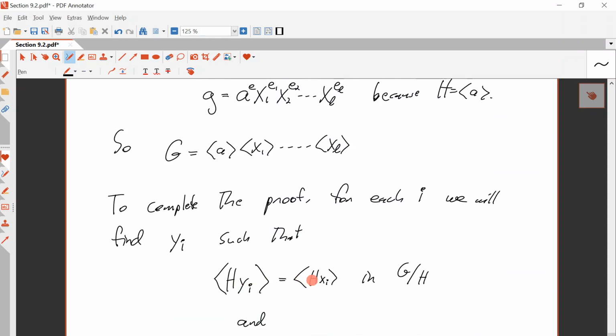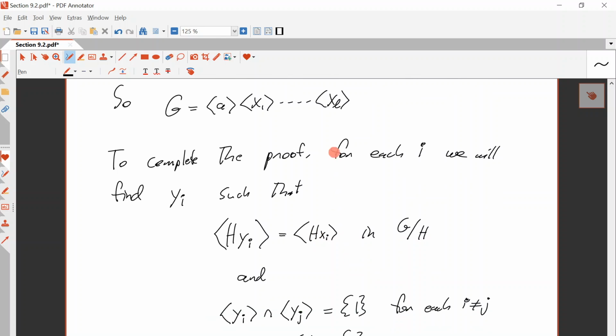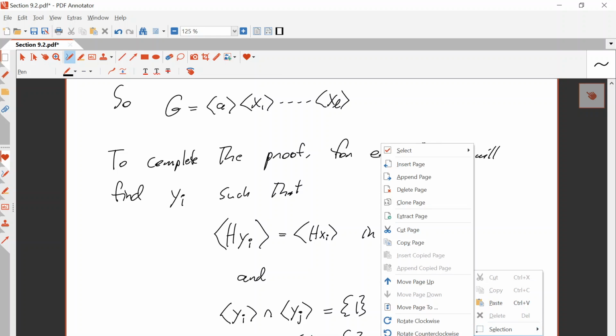So as long as this holds, and we get the additional condition that these y's, those cyclic subgroups, only intersect in the identity, then by section 9.1 we'd be done.